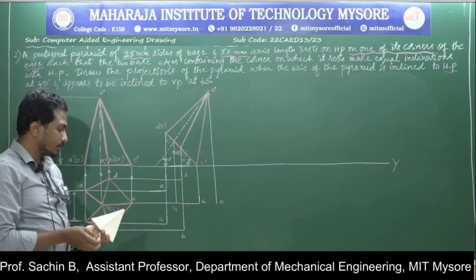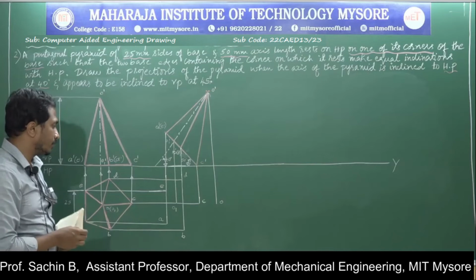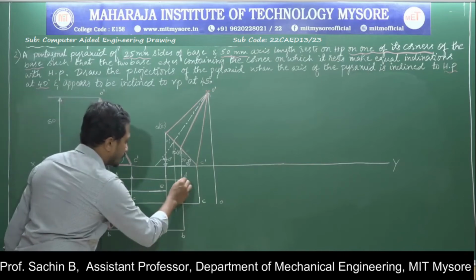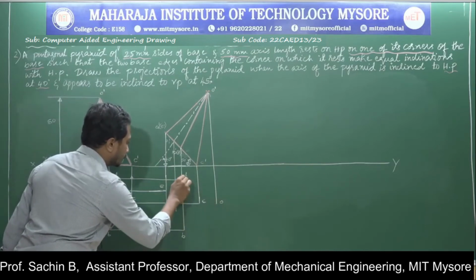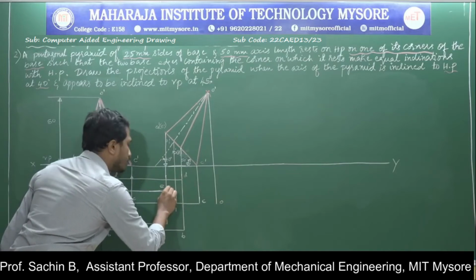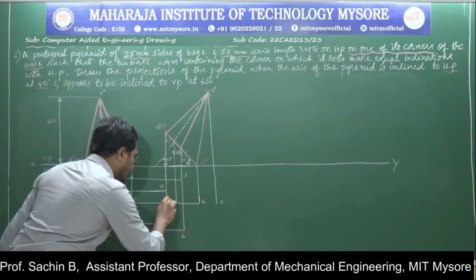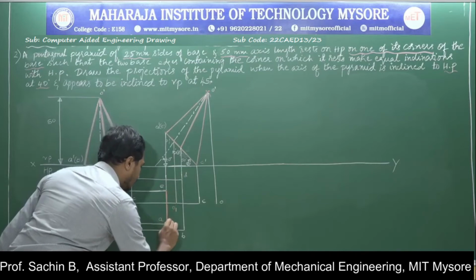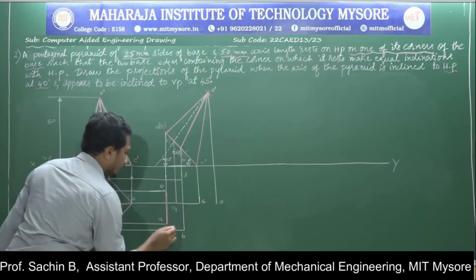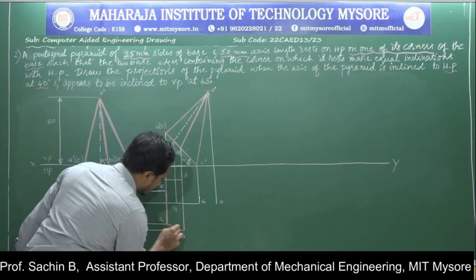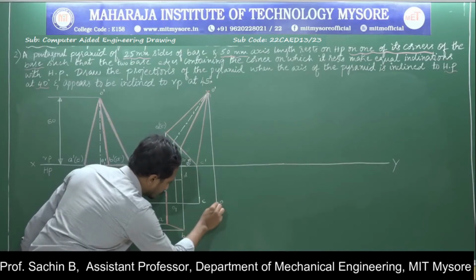According to the first concept, outermost edges are visible. Here if I start from D point or from O point or from E point, I am going to start. Outermost edges are visible in the top view. This is one of the outermost edges.